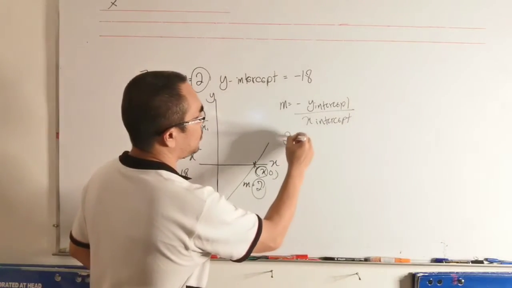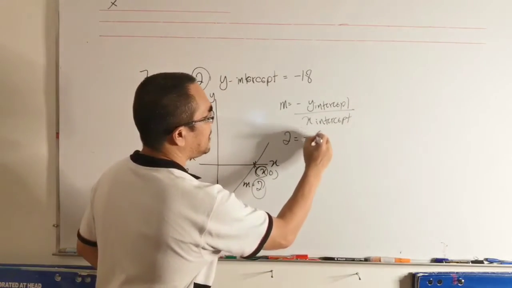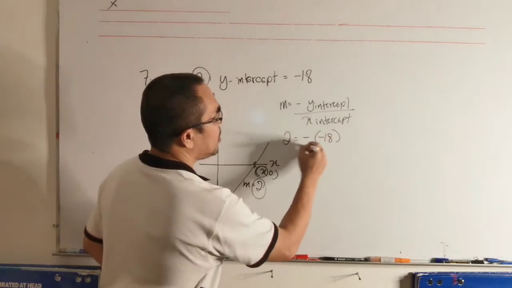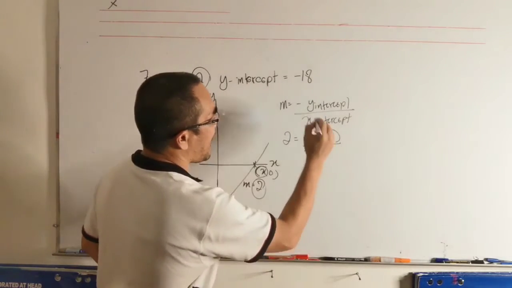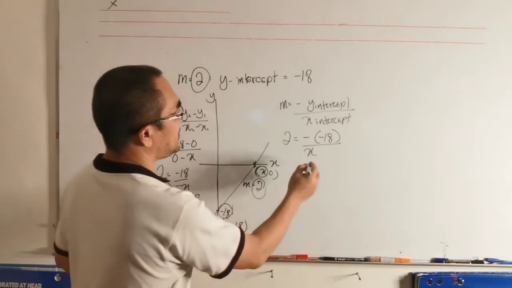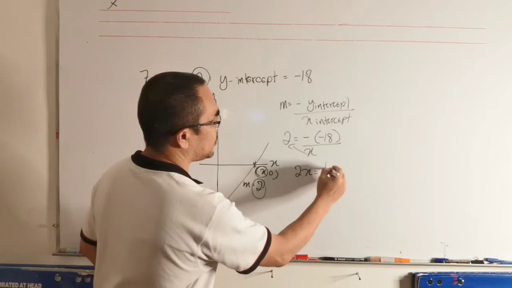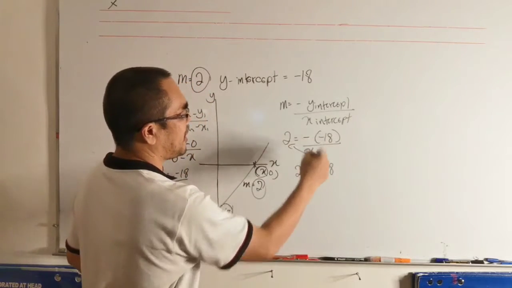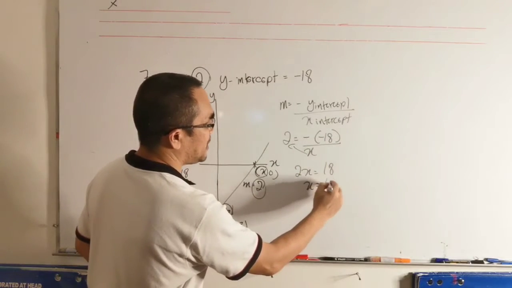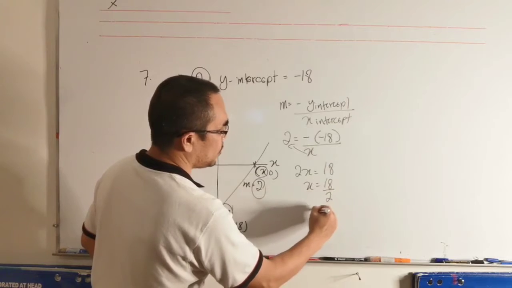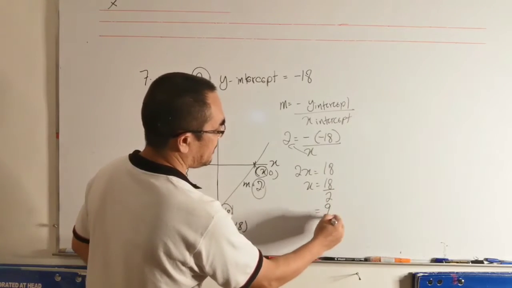Substitute: 2 equals negative 18 over x, and solve this. We cross multiply, you get 2x equals 18, because of the negative 18, so x will be 18 over 2, which is 9.